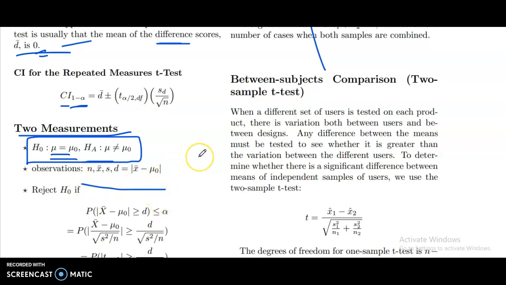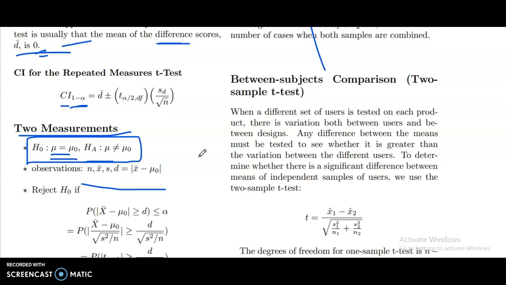Here mu naught is deducted from x bar. That is the observations, equal to d. For n, x bar and s, all are the same. That is mu naught subtracted from x bar.